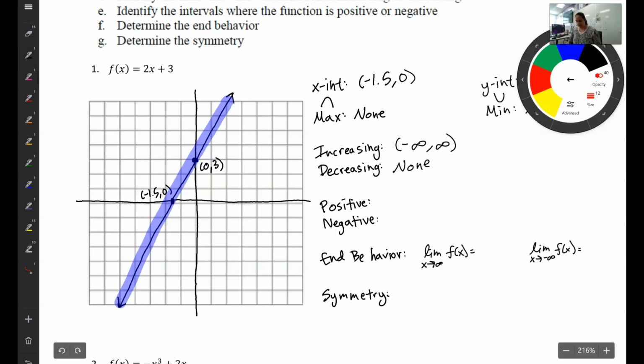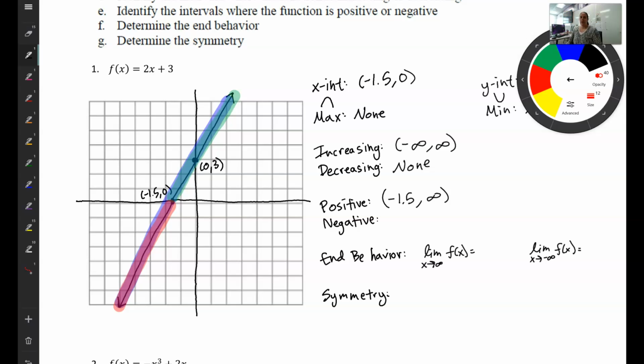Next, I want to do positives and negatives. So positive is above the x-axis. Negative is below the x-axis. So if I want positive, it looks like it's going to be positive from negative 1.5 all the way to infinity. So from that point 1.5 for the rest of the time. Now, question is parentheses or bracket. Positives and negatives will actually always be parentheses because at this point, negative 1.5, it's 0. 0 is neither positive nor negative.